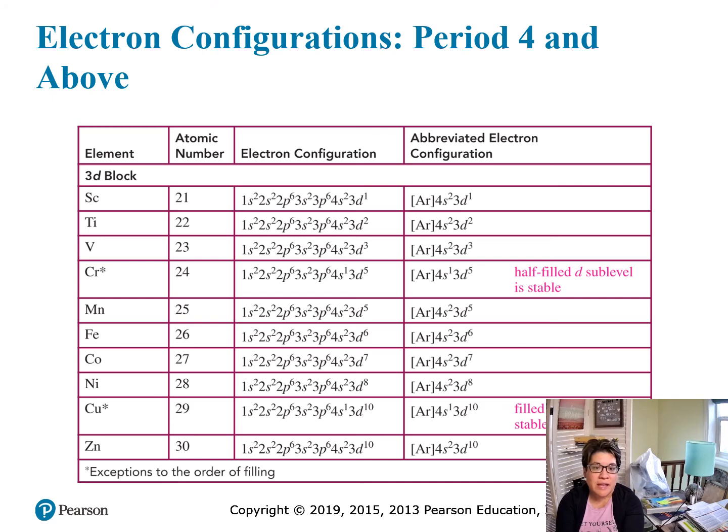We're going with scandium here. We're going 1s2, 2s2, 2p6, 3s2, 3p6, 4s2, and then we go backwards to 3d1. So what we do is we fill the 4s shell before we fill the 3D shell. And that's just because the 4s shell is more stable, lower energy than the 3D shell because it's weird. So make sure you know this order and the order that they're filled.